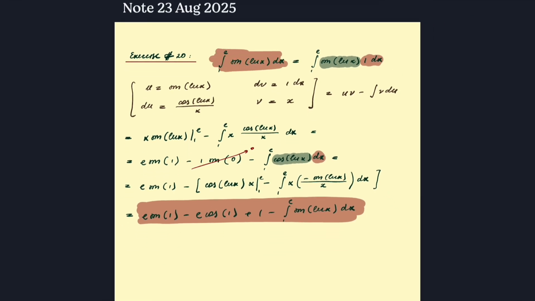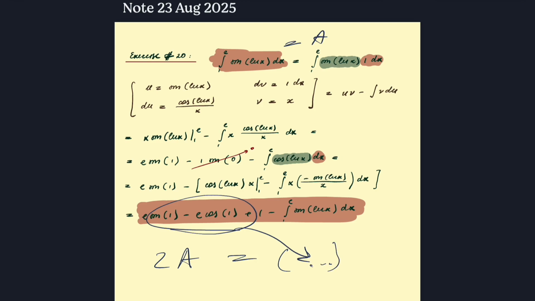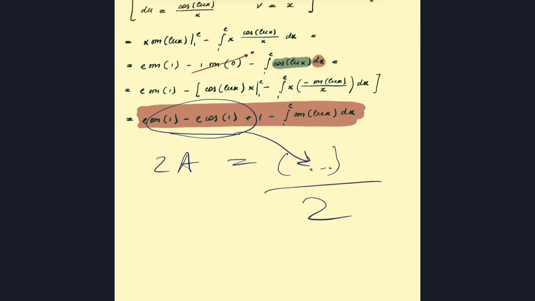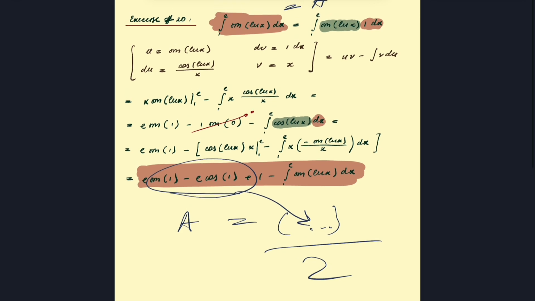Crucially, if we say this integral is some variable a, we want to find this a, and we can add a to both sides of this equation, so we'll have 2a equal to this expression here, and then we divide that expression by 2 and get the result, which is the a we want to find.